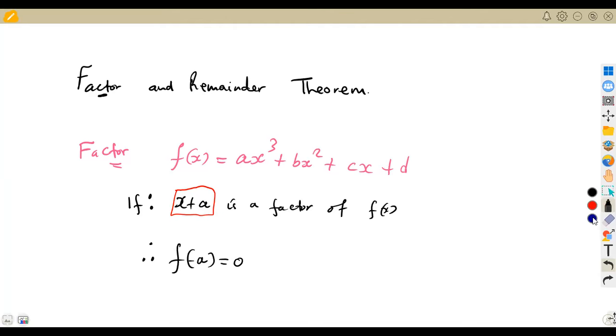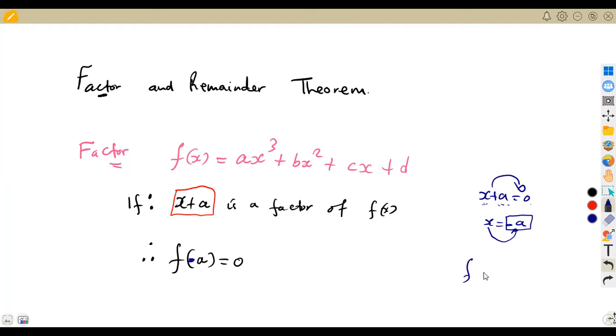What are we simply saying? We are simply saying if we have to get x plus a, meaning that a to that side is going to be a negative. So the value of x that you have when you have equated, that is the one that we substitute, because f of minus a means in place of x you are substituting minus a.